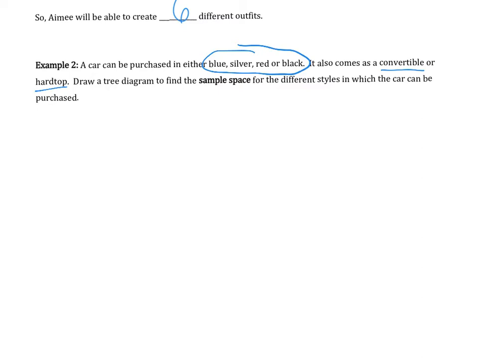So again, it doesn't matter which one you start with. I'm going to start with the shorter one, convertible or hardtop. So I'll put C for convertible, H for hardtop, and then from each one of those, there are 1, 2, 3, 4 different outcomes. So I'm going to have 4 different branches, and each one of them will represent each color: blue, silver, red, or black.